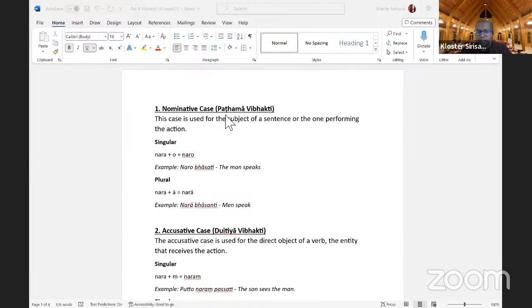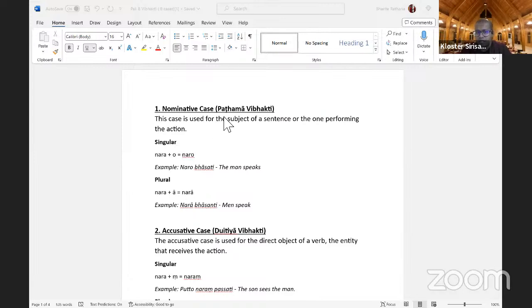In Pali, it is called Patama Vibhakti. This case, very important, is used for the subject of a sentence, the one performing the action.